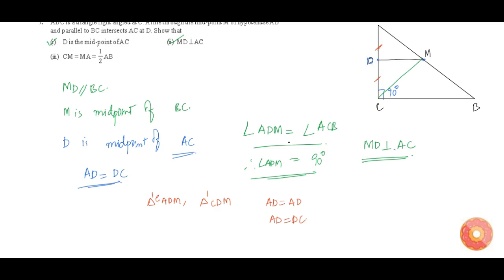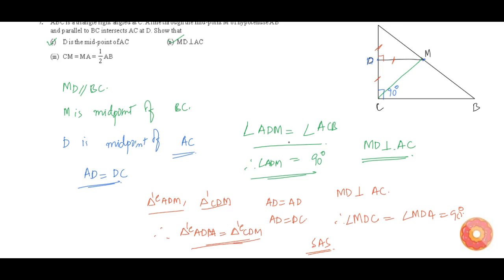And we also know that MD is perpendicular to AC, which means angle MDC is equal to angle MDA, which is equal to 90 degrees. Therefore, from SAS property, from side angle side congruency, we know that these two triangles are equal. Therefore, triangle ADM is congruent to triangle CDM.